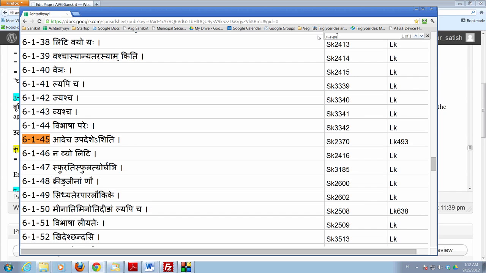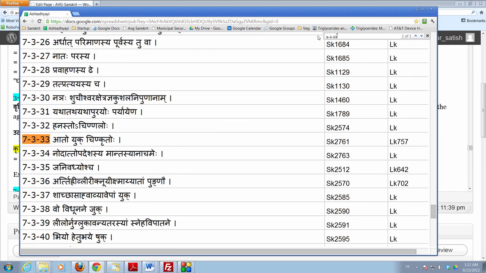So gai, when we know we're going to add the affix nul, becomes ga by 6.1.45 adech upadesha shiti, and then we apply 7.3.33 to get gayakah.